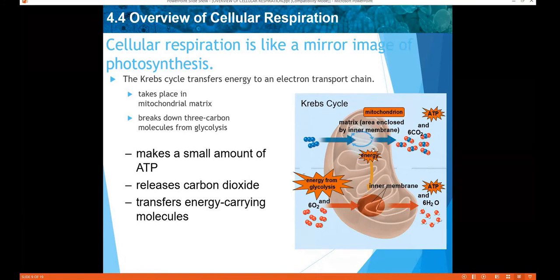You can see here. And this energy which is released during the Krebs cycle is used for the second part of cellular respiration, which is the electron transport.